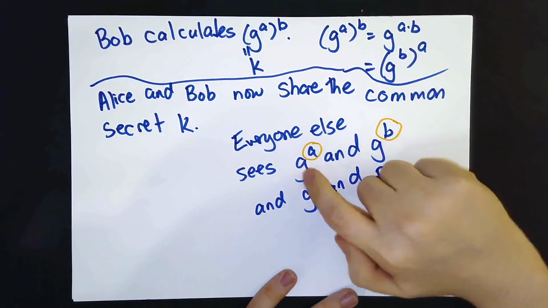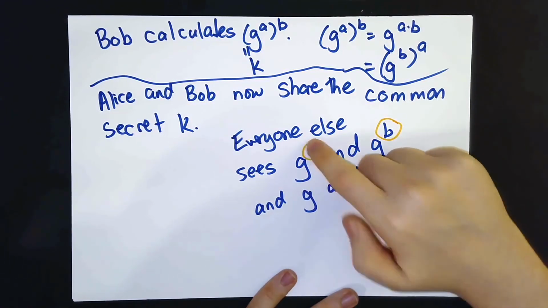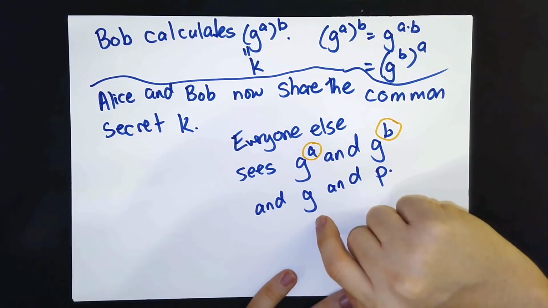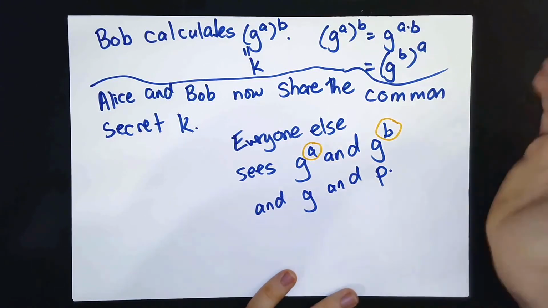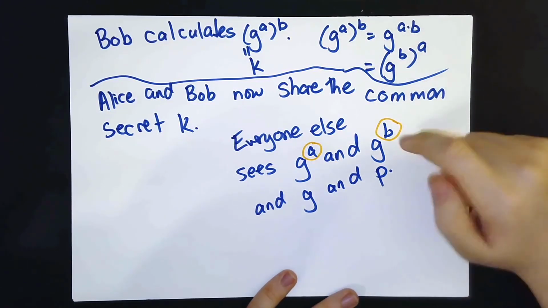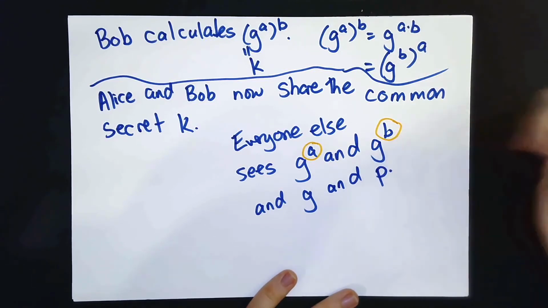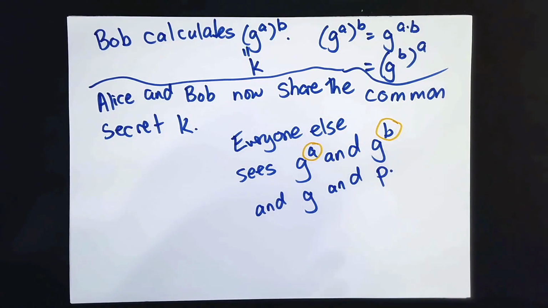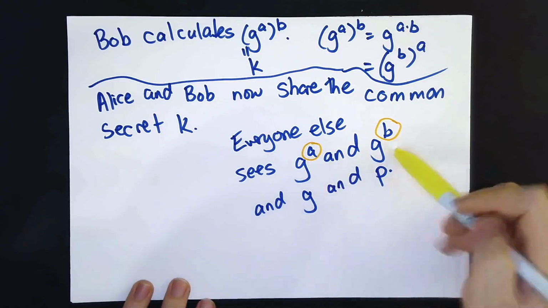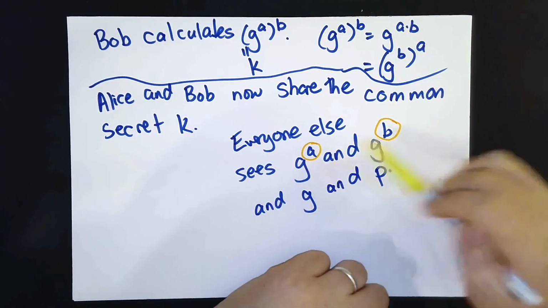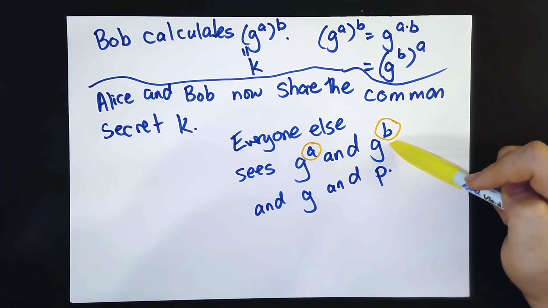In other words, they have to look at a number and answer the question, what power of g is this? And they could equally well look at g^b and ask the same thing. So someone trying to solve this has a pick of two discrete log problems. Whichever of these two they want to solve, they can solve.